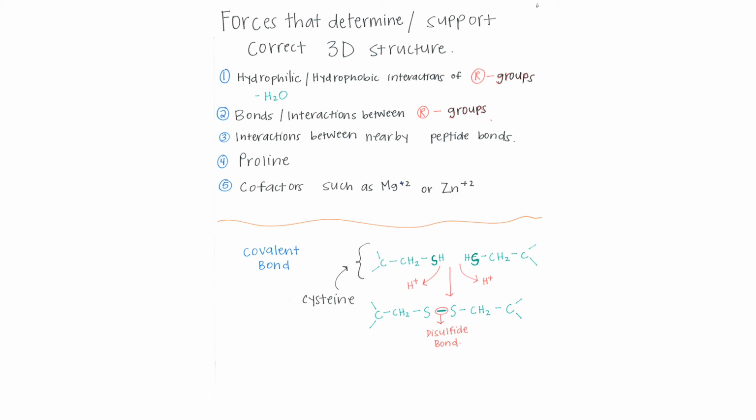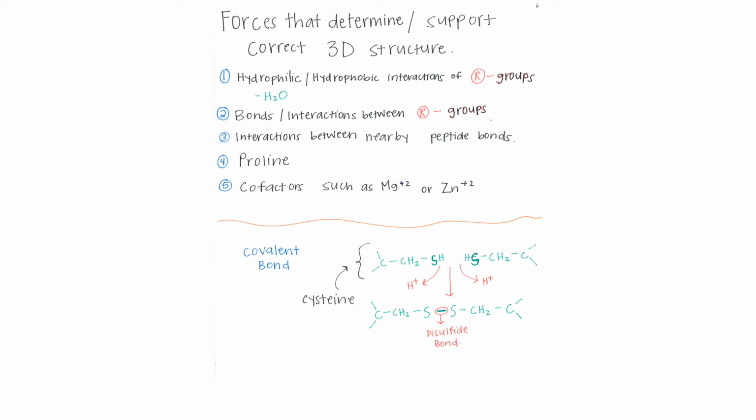I'm not showing the whole amino acid, only the R group, CH2SH. And coming right next to it is the other CH2SH, which are 2 cysteines brought together. Under that condition, a reaction takes place. The protons come off, and the 2 sulfurs are linked together through what's called a disulfide bond.